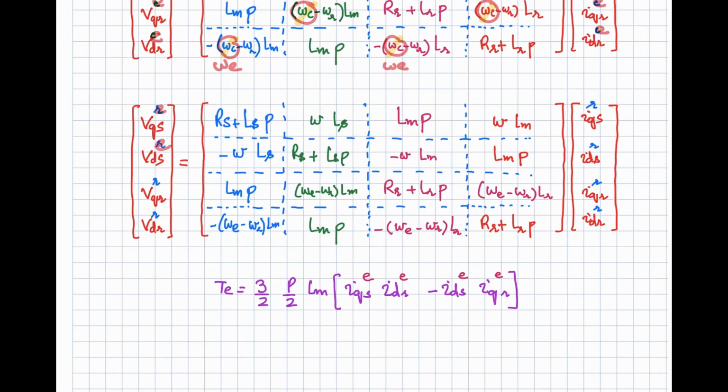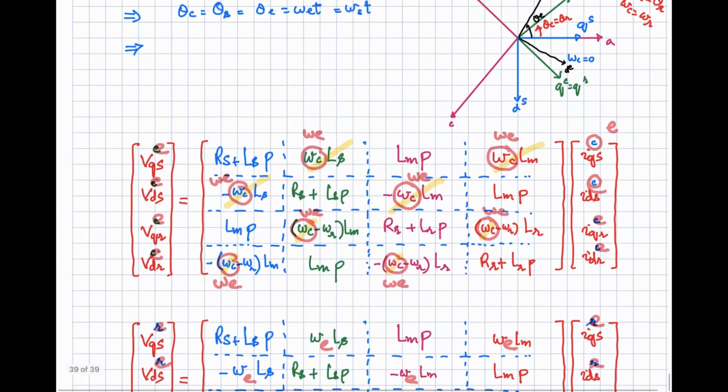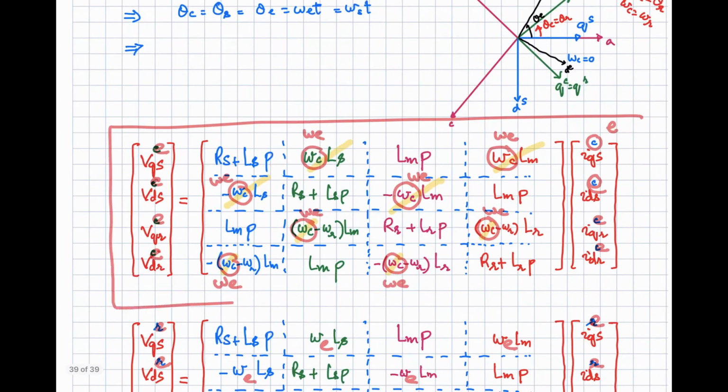All of these will be replaced with E, and you will be replacing the speed with omega e. All of this is going to become omega e, and here you can see omega c is replaced with omega e. So this equation gives you the dynamics of your induction motor in the synchronously rotating frame of reference, that is rotating with the stator speed.